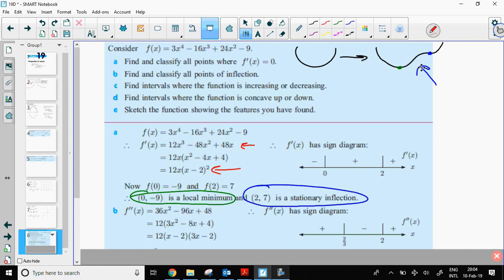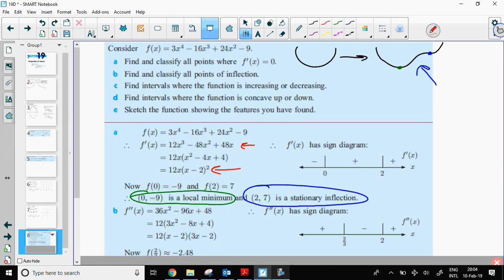Great, we get 2/3 and 2. Choose values around there. 2 we already knew about, and the second derivative is changing from negative to positive, and that matches the sketch that I put together earlier. And at 2/3, we're changing from positive to negative. Wonderful. We should figure out the y coordinate for that 2/3 point. It's roughly -2.48. That's the best we're going to get.